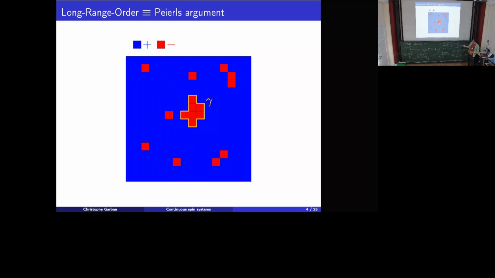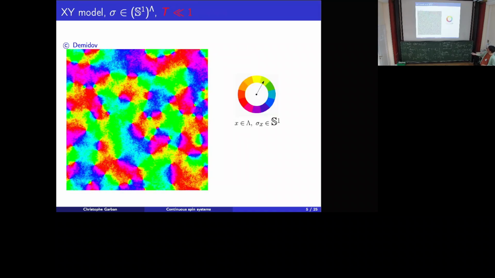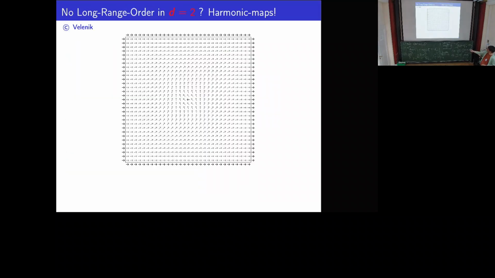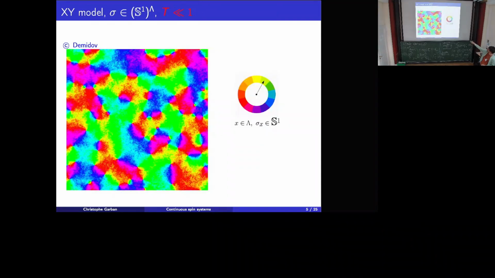Okay, so Peierls is very beautiful, but it doesn't work for continuous spin systems. Why? Because if you have a continuous spin system, then let's say you break the symmetry by setting all those spins to be east-oriented everywhere along the boundary.